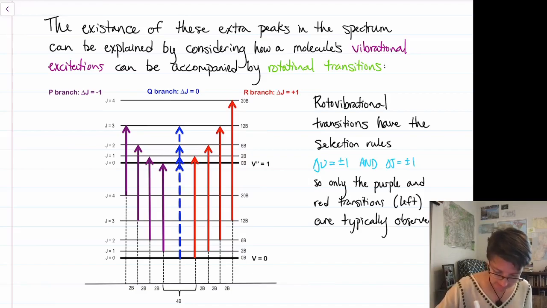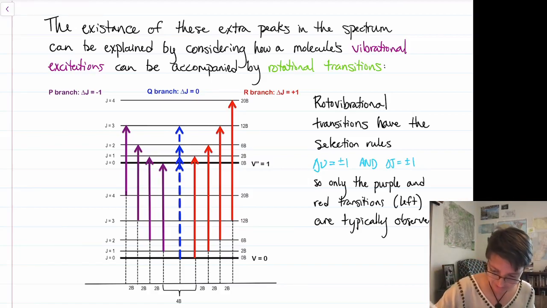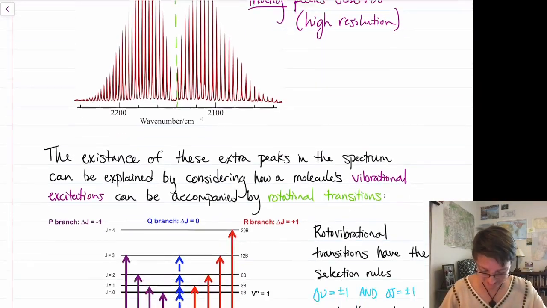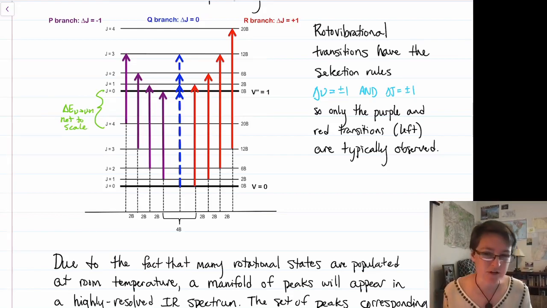In terms of the excited states, now we have vibrational excited states that are all going to be at much higher energies. In fact, I would say that this delta E gap is not really to scale. Should be much bigger than that, really about 1,000 times bigger than this is.